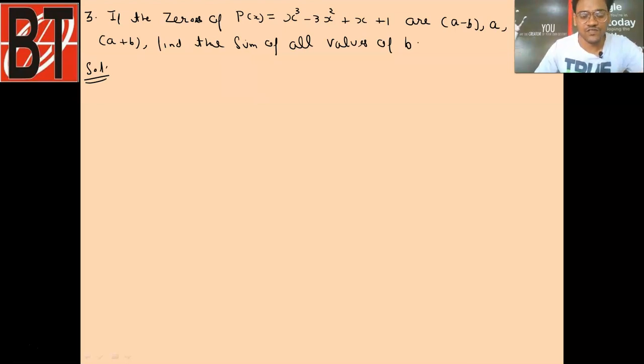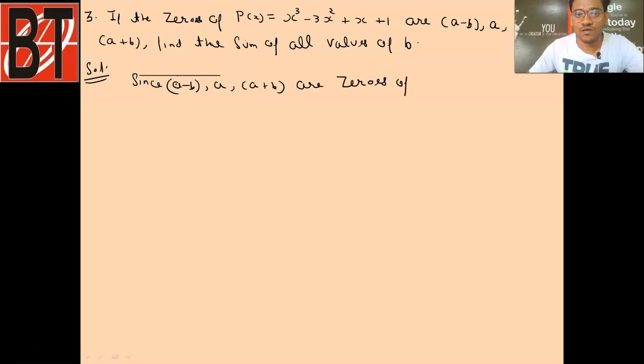Sum of zeros, if I calculate, let me just write, since a minus b, a and a plus b are zeros of this p(x).